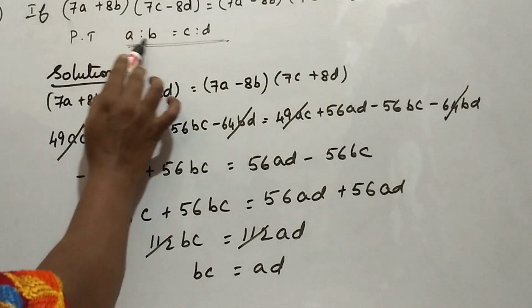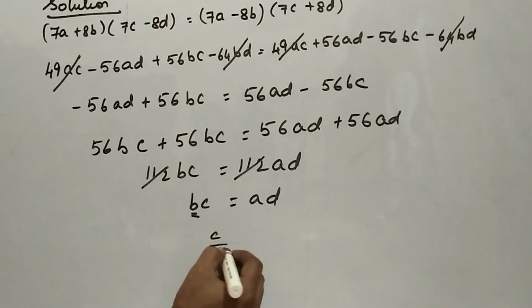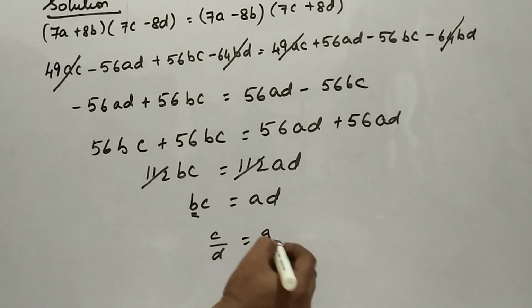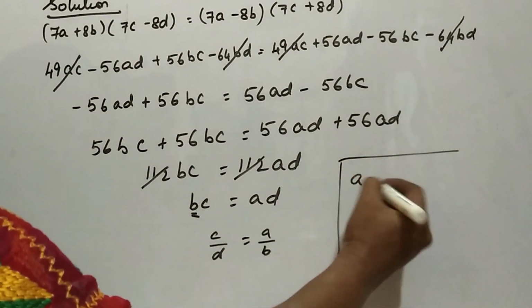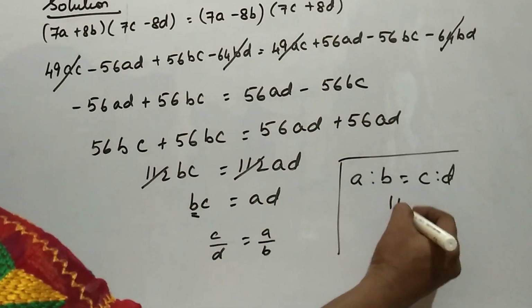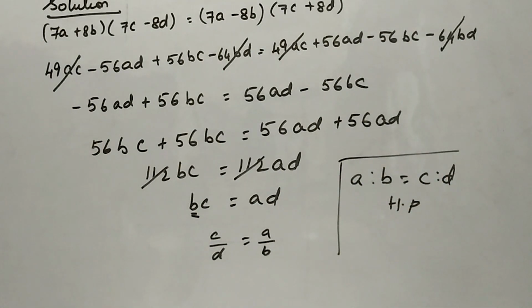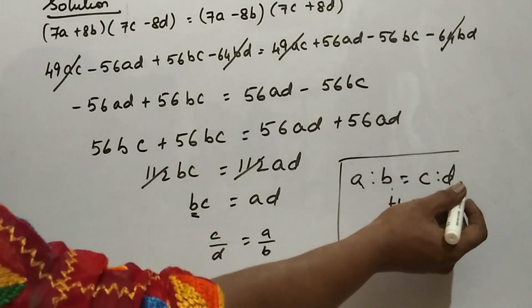Now A ratio B. So I am taking this B to other side and D to this side. Okay. So C upon D is equal to A upon B. That is A ratio B is equal to C ratio D. Hence proved.